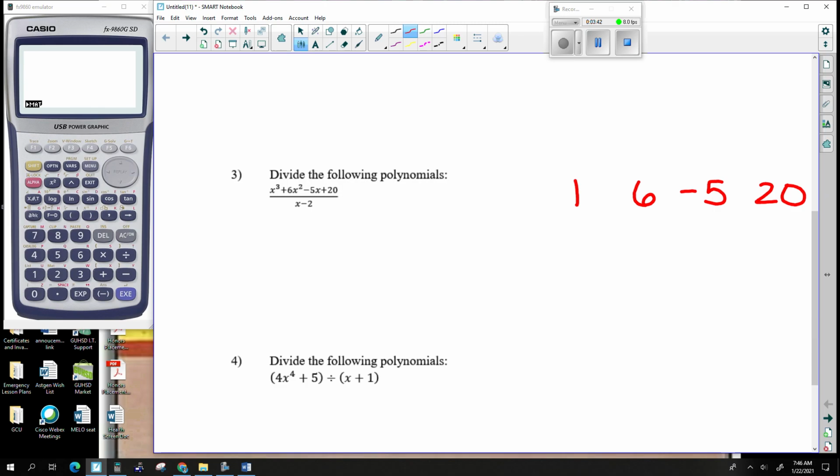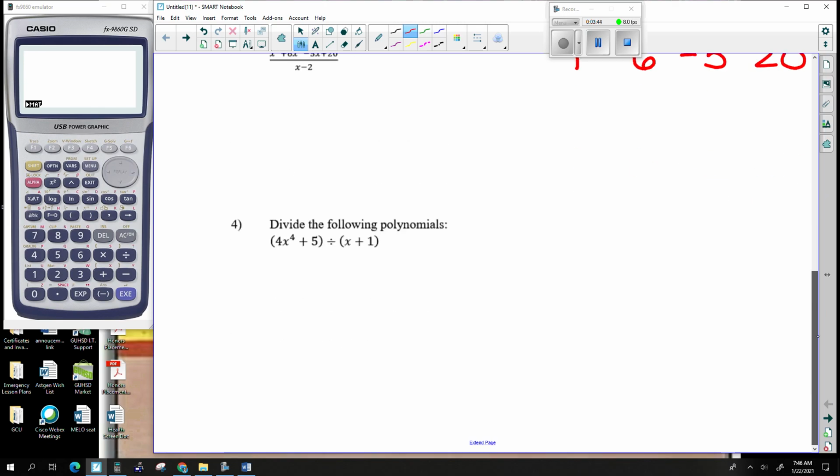Now, in number 4, notice how the largest exponent is an x to the 4th. Regardless of whether one of these letters is there or not, it has to be represented. So if this problem begins with an x to the 4th, I have to go all the way down to the normal number. I can't miss one of the variables.